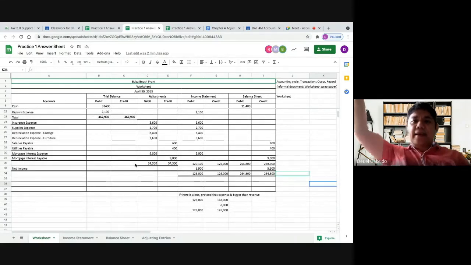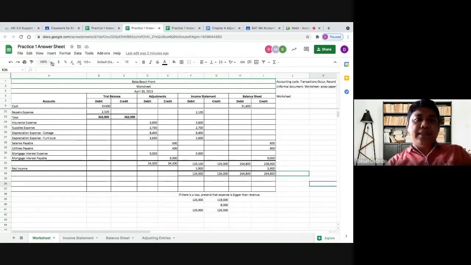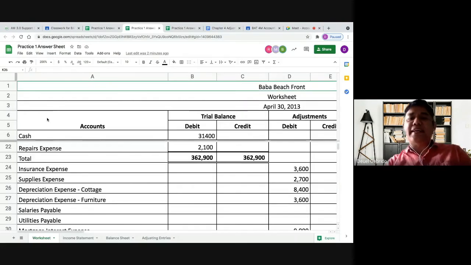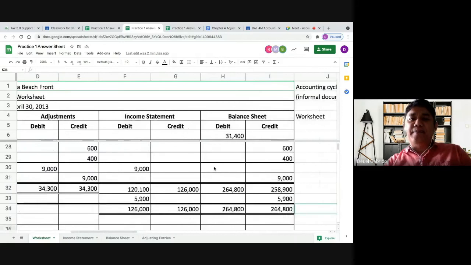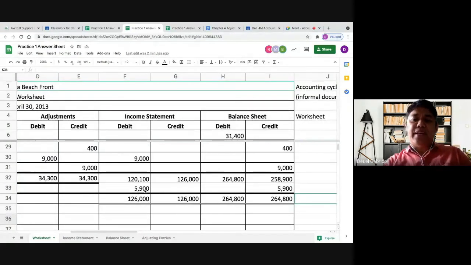Okay. Maybe you will ask, sir, what if, let's say, there is a net loss? Because in our statement we only have an income. The income is 5,900, right? Why? Because the revenue is bigger than the expenses. All right. So let me show you a scenario. Let's say, sir, what if the expenses are bigger than the revenues?